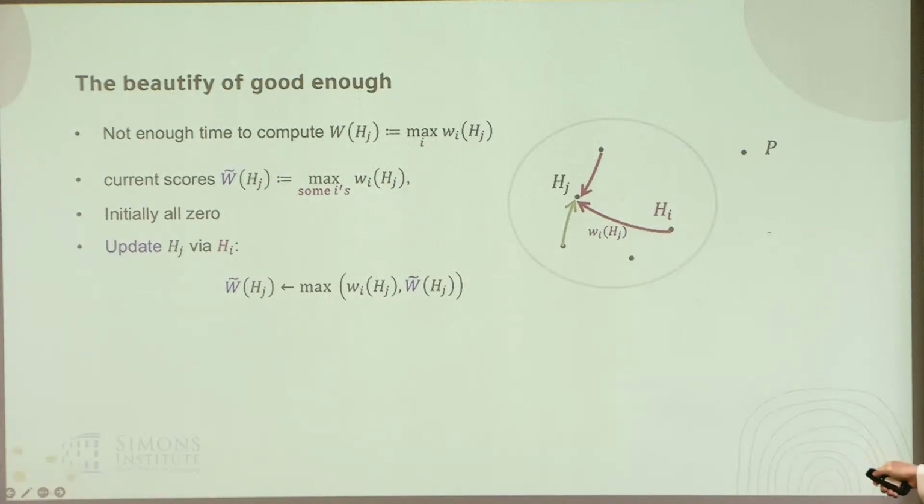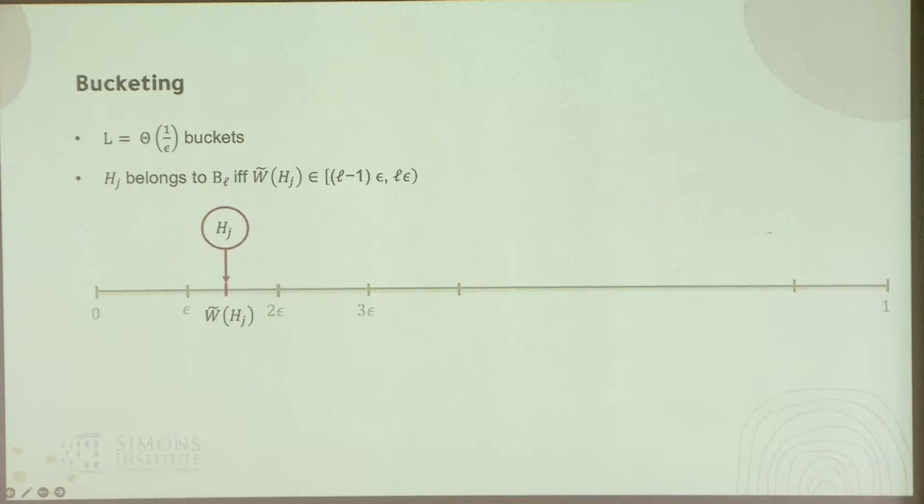You can see that W tilde is always increasing throughout the algorithm. At the end, we mimic the behavior of the minimum distance estimate by outputting something whose current score is minimal. It's not exactly minimum, but small.